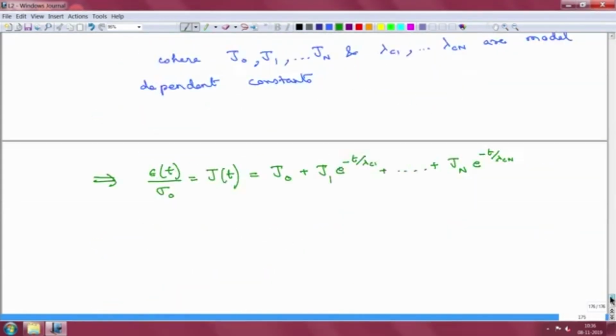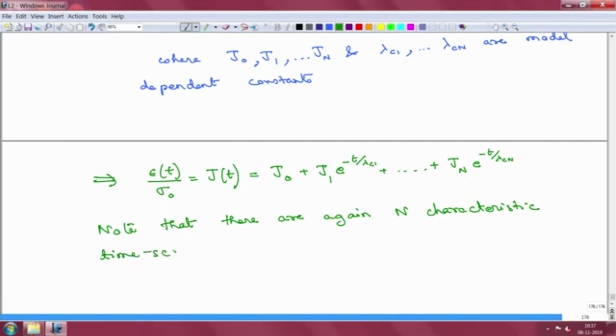Note that there are again n characteristic time scales in the system, and these time scales are not the same as the ones that we had for the stress relaxation function.